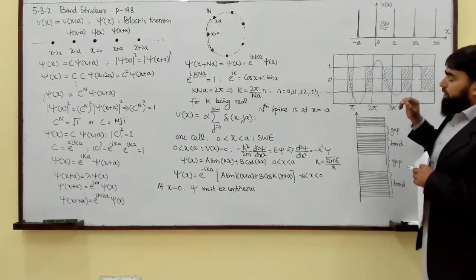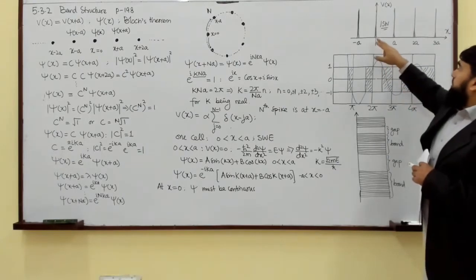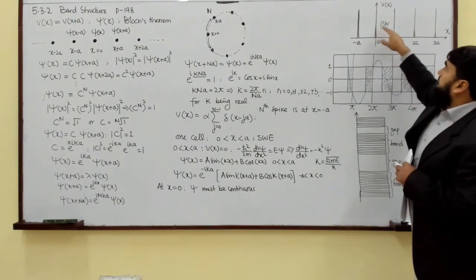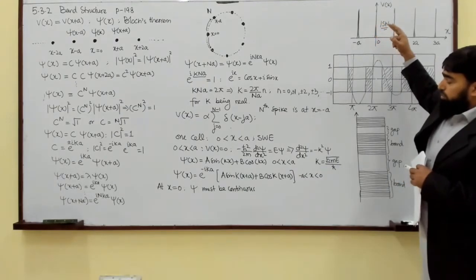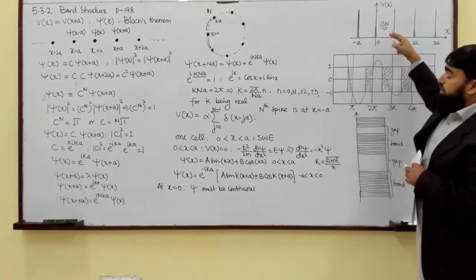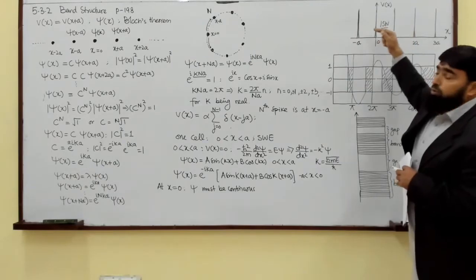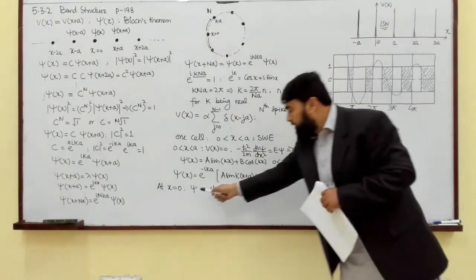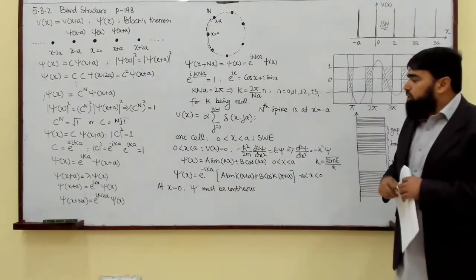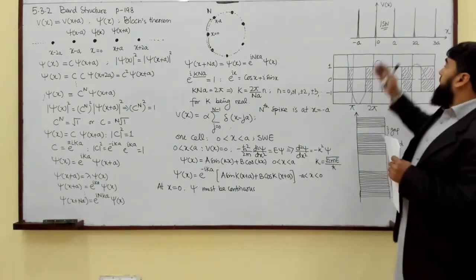The first boundary condition is that the function will be continuous along the boundary. And the second boundary condition is that the first derivative of the function will be continuous. Now here our function is psi, so psi must be continuous at x equal to 0.